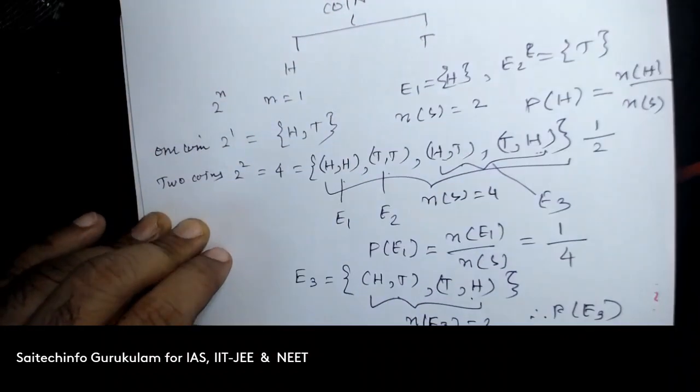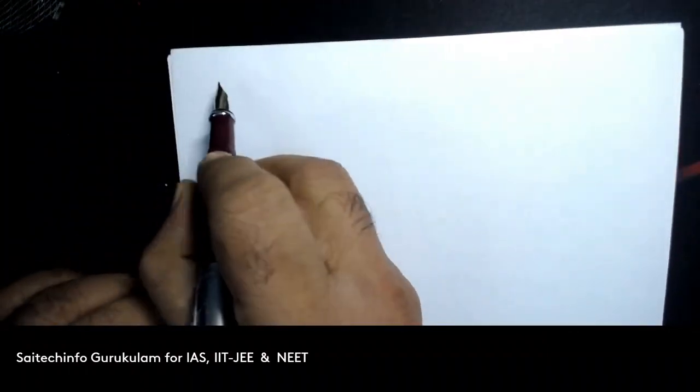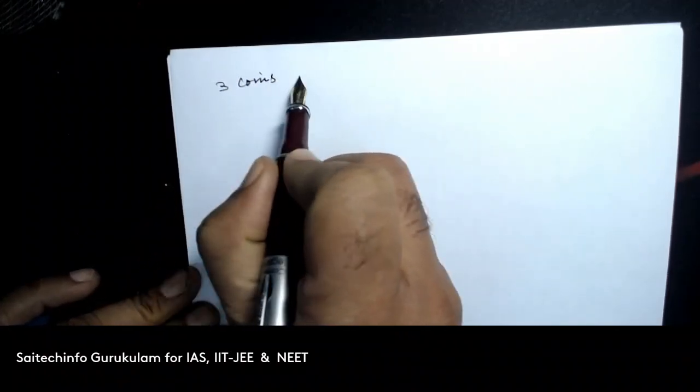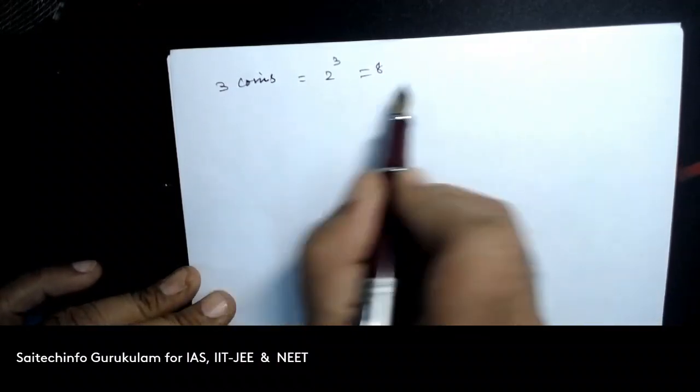Then suppose we toss 3 coins together. What is the formula? 2 power 3, that is 8. Now how can we arrive at this?